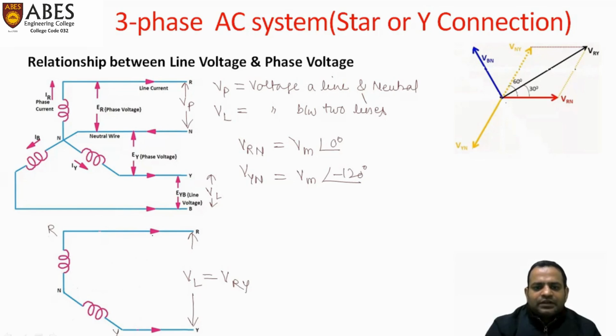So the voltage VRY is VRN plus VNY, and we can write the second phasor with a minus sign by reversing.